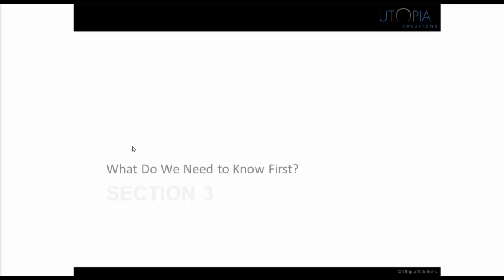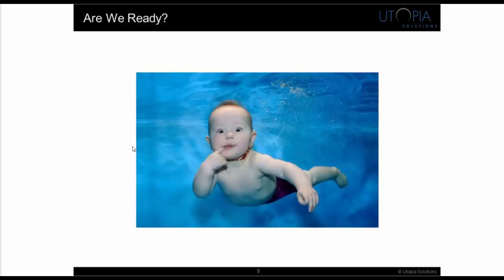So let's see what we need to know first before we start putting our strategy together. What things do we need to assess? And the first thing is, are we ready? And I assure you that no children were harmed in the making of this presentation.